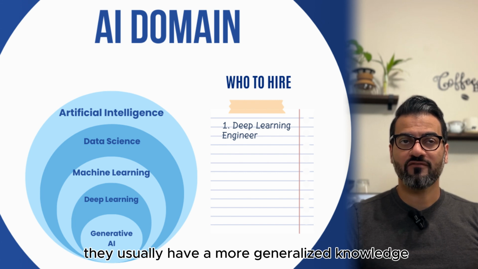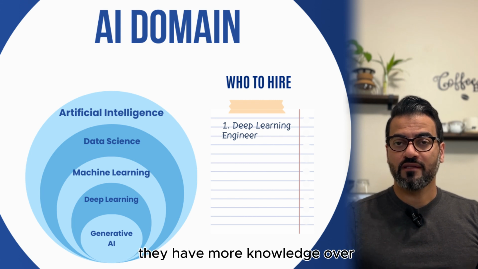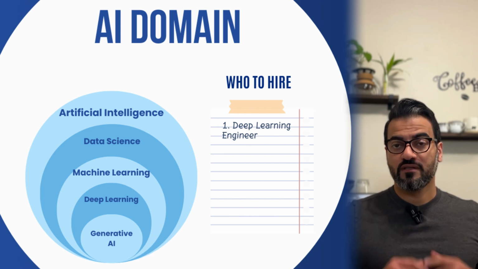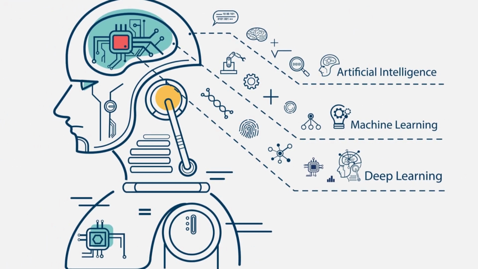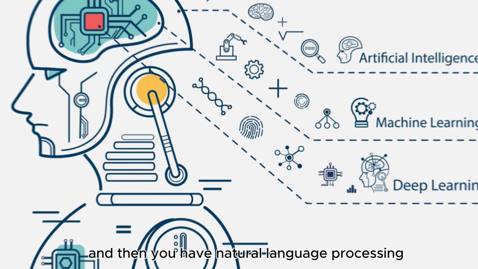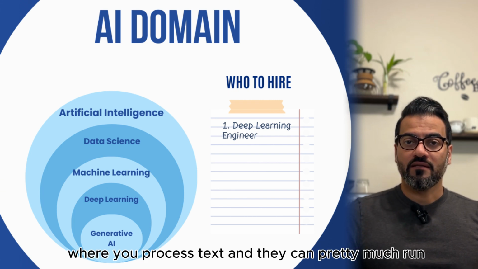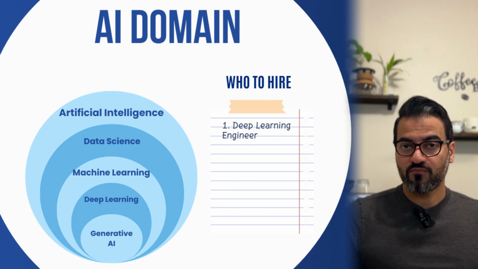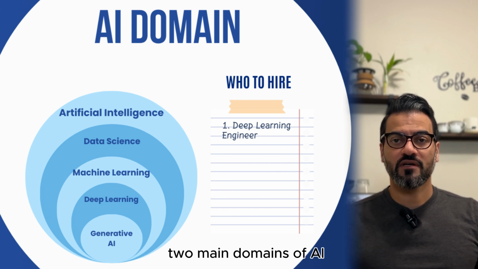They usually have a more generalized knowledge, although really specialized in their own work. They have more knowledge over different branches of deep learning. So one branch is image processing, where you process images, and then you have natural language processing, where you process text. And they can pretty much run projects in either of these two domains, the two main domains of AI.